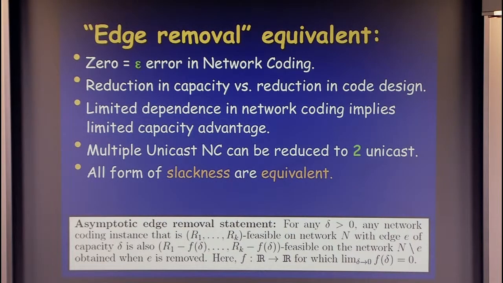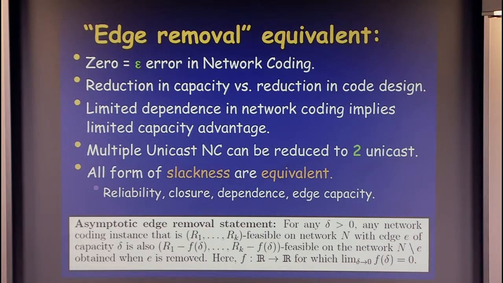And again, just maybe one other way to view this is that this edge removal captures the notion of slackness, and it shows that different types of slackness are equivalent. So what do I mean? If you think of removing a delta capacity edge and wanting the rate to reduce by delta, it means that if you have a slight slackness in edge capacity, it doesn't really matter. The 0 versus epsilon error statement says that if you have a slight slackness in reliability, again, it doesn't really matter.